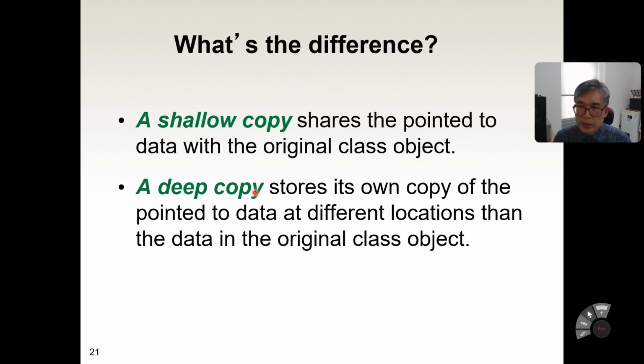Deep copy is preferable. A shallow copy shares the pointer to data with the original class object, and a deep copy stores its own copy of the pointed data. Pointed data here means the linked list of stack items, stored at different locations than the data in the original class object.